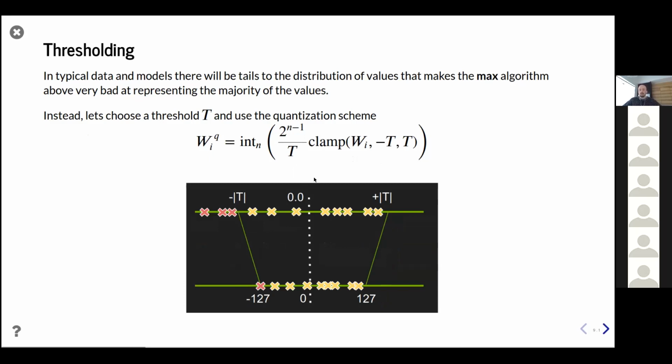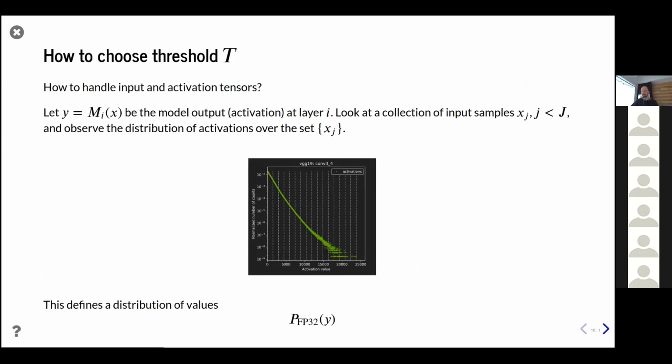Instead, we clamp them to this value, and we ask whether we can choose this threshold in such a way that we represent the original data as well as possible. So the question is how to choose this thresholding value in a good way, for example when we want to quantize the input and activation tensors of our model.